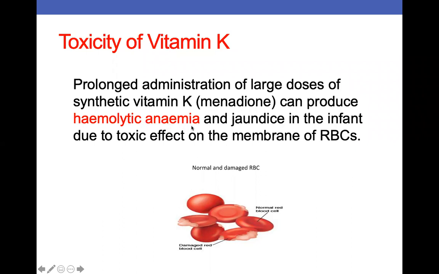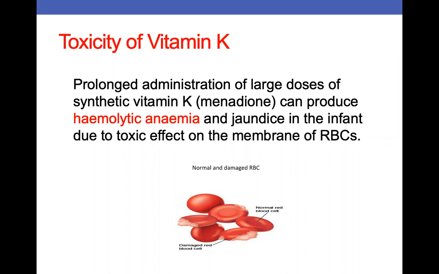So if there's too much of the vitamin K, only if there's too much of it, it's going to be toxic to my red blood cells and break them down. Okay, so this is different. It's not a bleeding problem. The blood is staying within my body, within the vessels. The red blood cells in my blood vessels are being directly damaged.